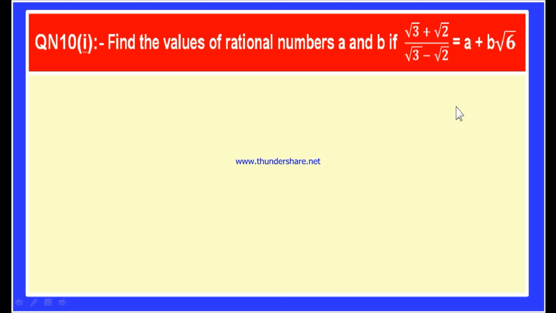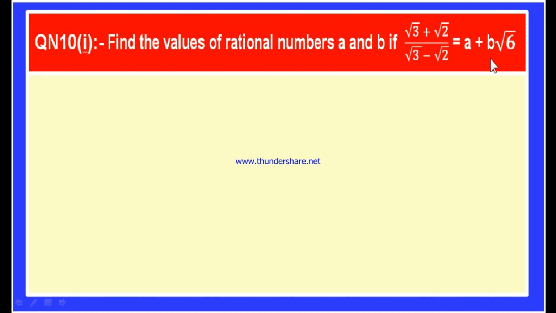Here, if you observe the given question, we have an irrational number, root 3 plus root 2 divided by root 3 minus root 2. You can observe this fraction in which both numerator and denominator are irrational numbers. Now we have to write this fraction in the form of a plus b root 6.